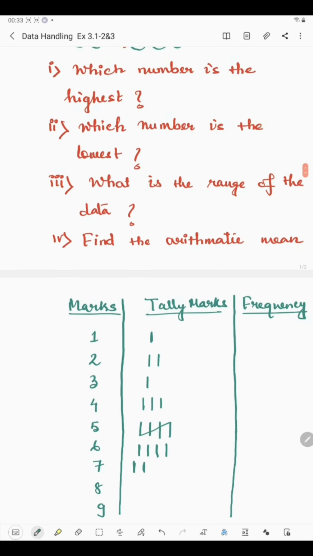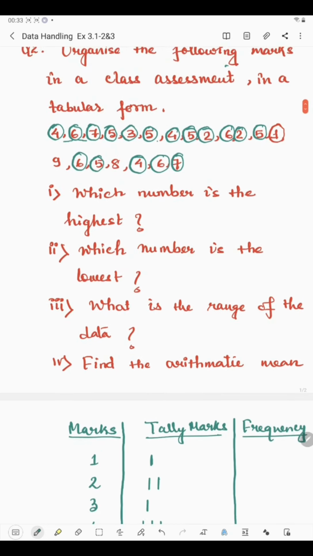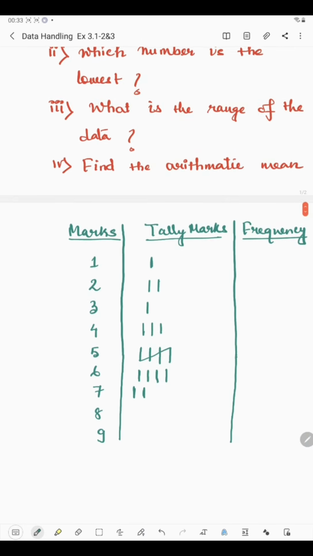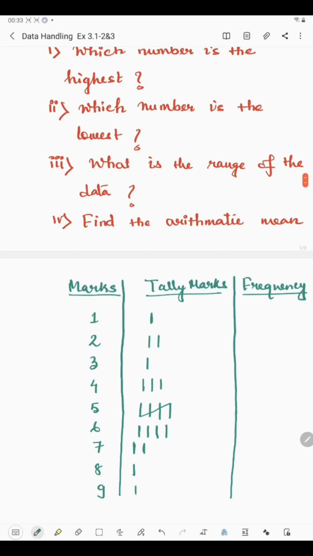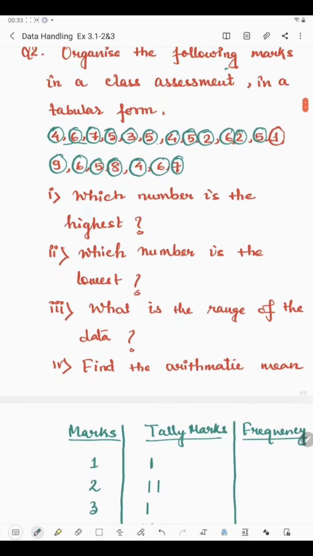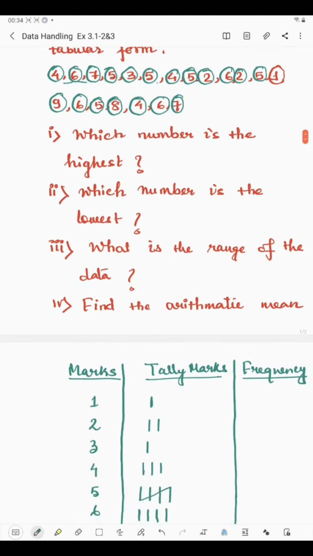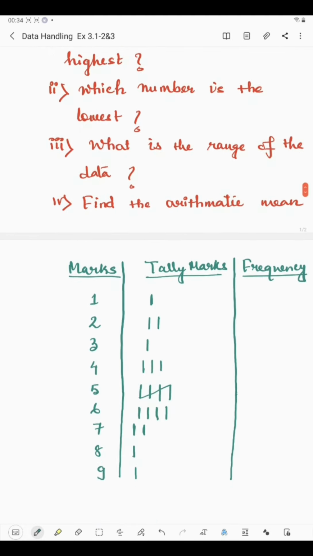Now coming to see where is 8. See, in the first one we have circled all, so here is 8, so only 1 time 8 appeared, so it's 1. Okay, and 9 also only 1 time. Now we can check from the data that all are circled, that means all the numbers you have taken. Okay, so tally marks is over.